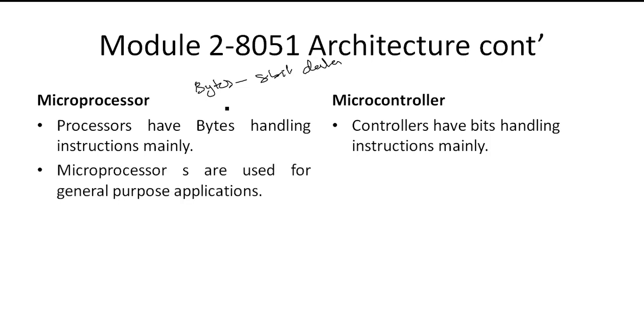And microprocessors are used for general purpose applications only. Microprocessors are used within the computer. We all know what a microprocessor is, and we buy a computer by specifying the name of the processor, like whether it's i5 or i7 or i3, and generations also.